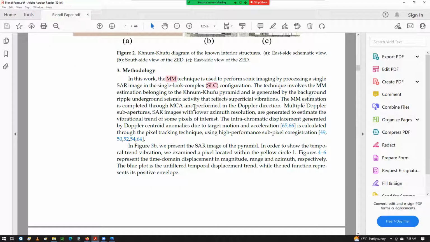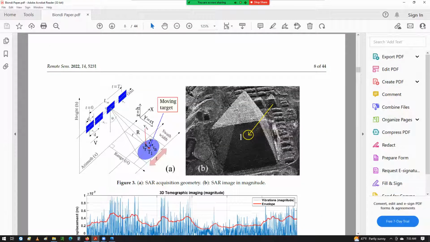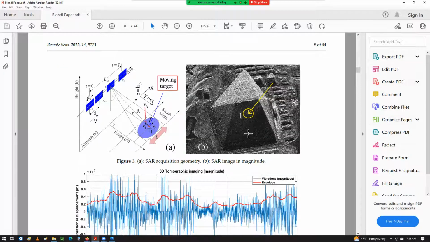So now, I'm going to use this slide here as a starting point. What they're interested in: you have to imagine this pyramid here, just like everything around it, is moving very slightly, ever so slightly. And this has to do with above the ground and below the ground motions. Wherever you have a hollow space, those movements could be amplified, so you're going to get a stronger signal.